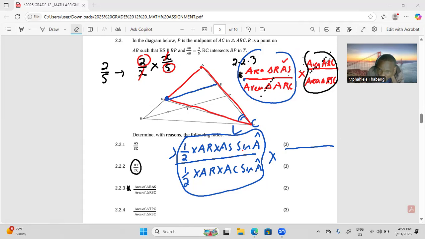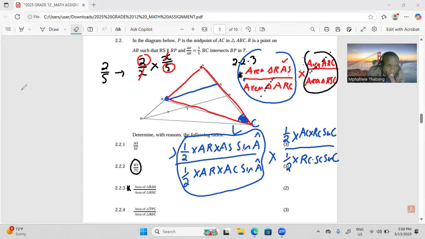When I'm looking for the area of ARC, I will say half of, since C is my included angle on the big triangle ARC, I'm going to take AC and RC, the sides between the included angle, and say sine C. And say half of, now in the small triangle RSC, I can take RC, SC, sine C.